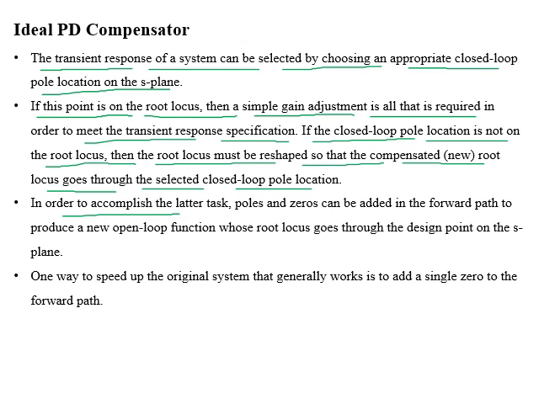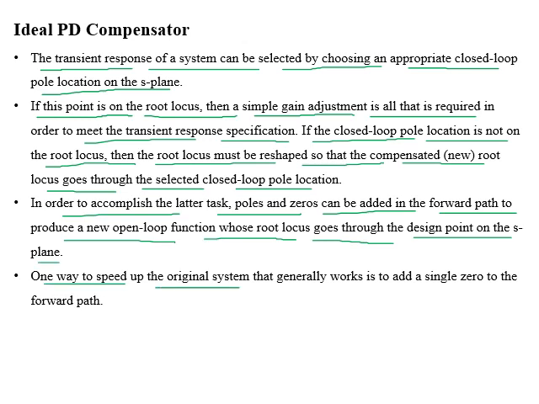Now, in order to reshape the root locus, poles and zeros can be added in the forward path transfer function to produce a new open loop function, whose root locus goes through the design point on the S-plane. One way to speed up the original system that generally works is to add a single 0 to the forward path transfer function.